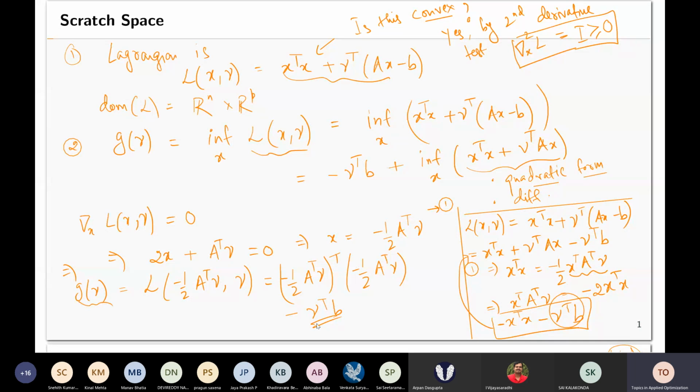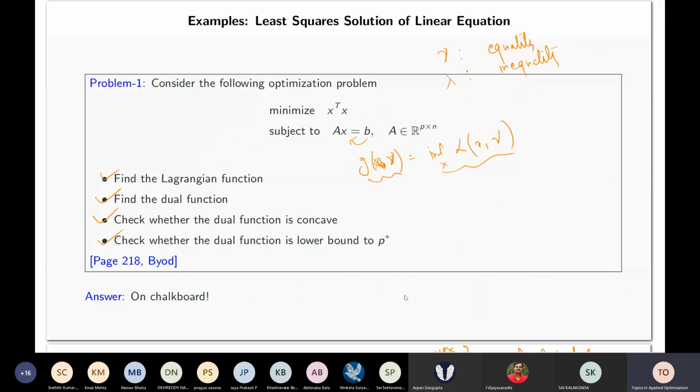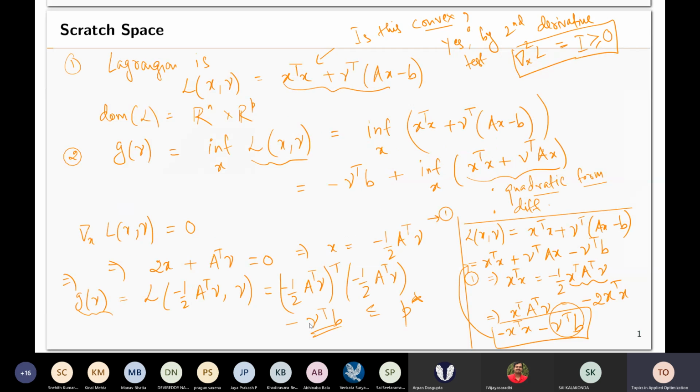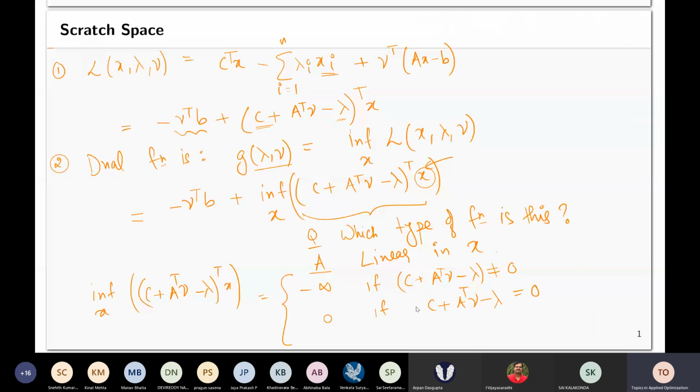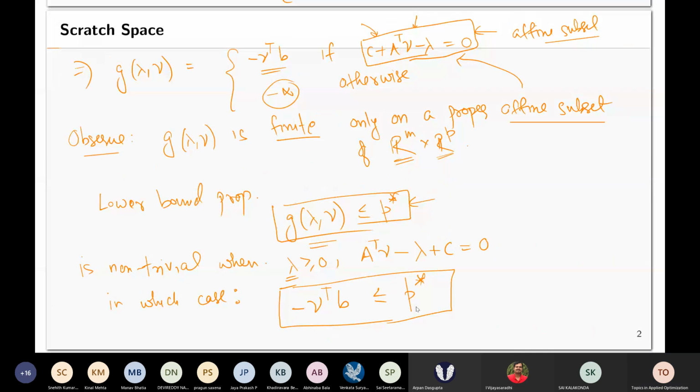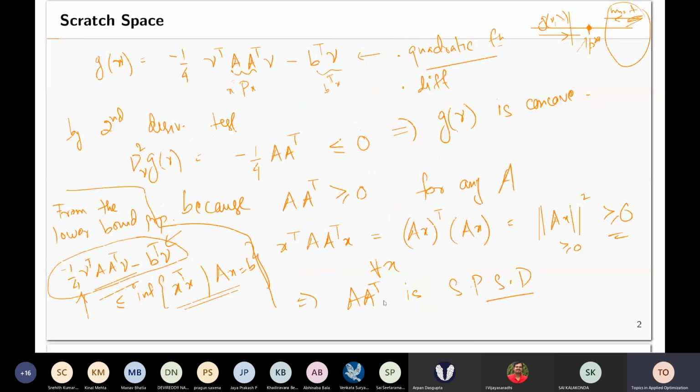So minus nu transpose b is less than or equal to p star for that problem. And it turns out that they are the same.